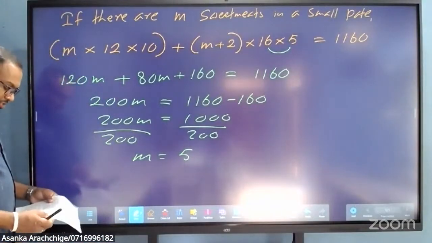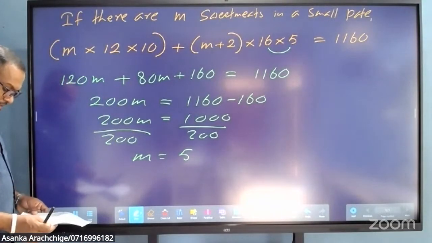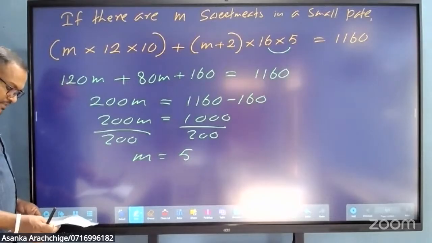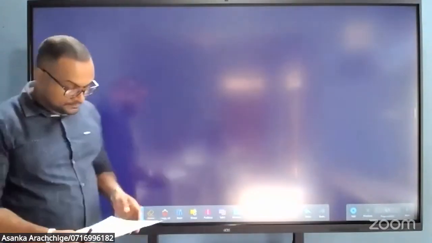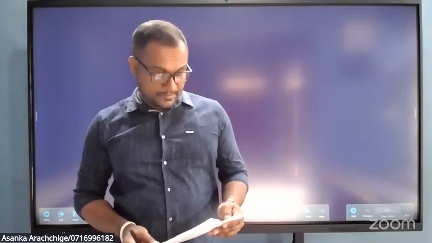The last question. The last one is from statistics. The frequency table given below provides information related to the number of hires a certain three-wheeler engaged in each week.